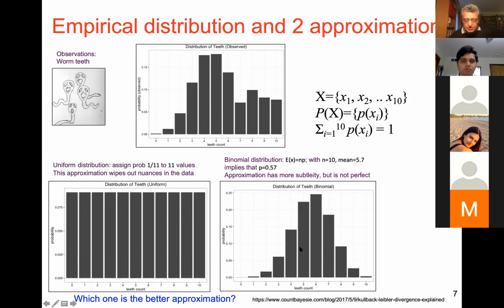So anyway, it's just a distribution. We're asking the question: is this approximated by this one, uniform, or by binomial? This is not Bernoulli, it's binomial. This binomial has to have some parameters. N equal to 10 in this case. And p is a certain probability, which is equivalent to the probability of heads, for example.